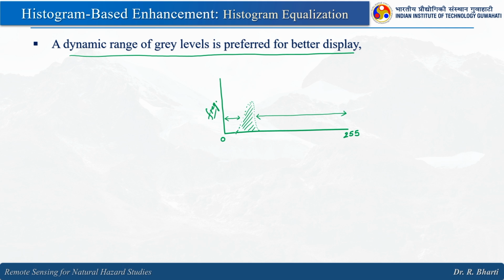Here it may be 10 to maybe 50, let us say, right. So, even though I have the option of having 0 to 255 different classes or gray levels, our data is occupying only 10 to 50, right. In such cases our image will have poor brightness and contrast.